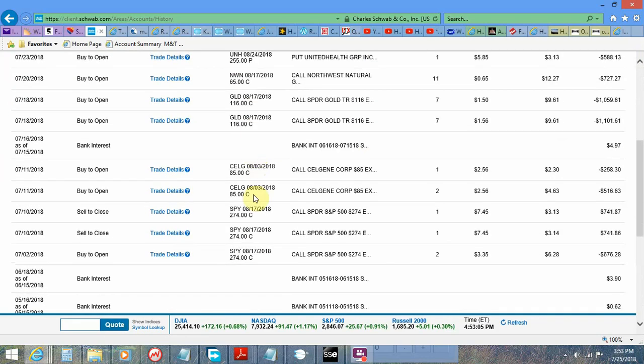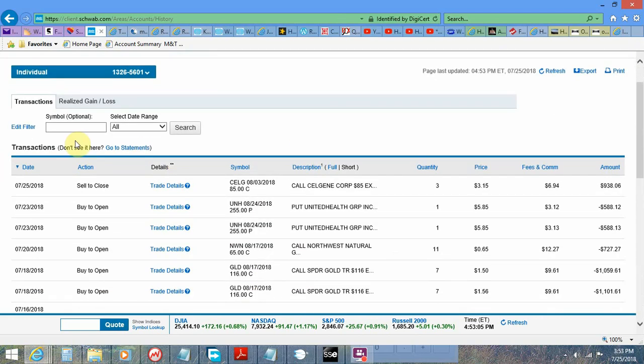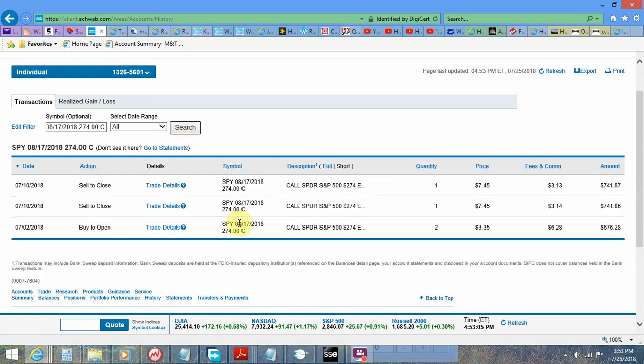If I wanted to just see that SPY transaction again, I can copy and paste or just drag it, and then it will take off all trades except for the one you're interested in. In this case, the buy to open bought both contracts in one transaction, but it exited in two transactions. It was just the reverse of the CELG.